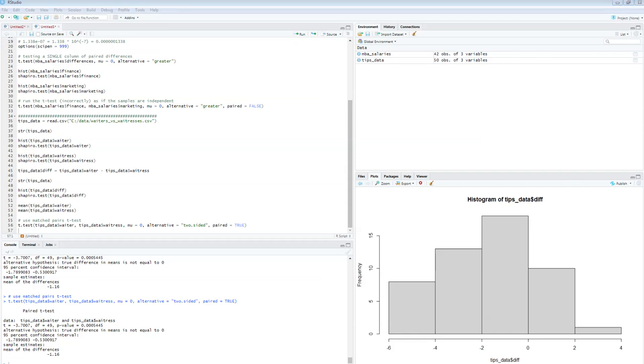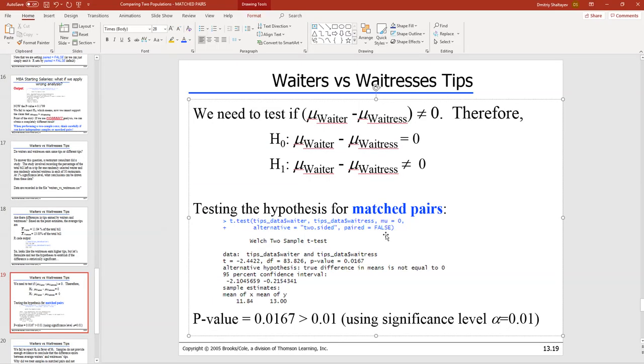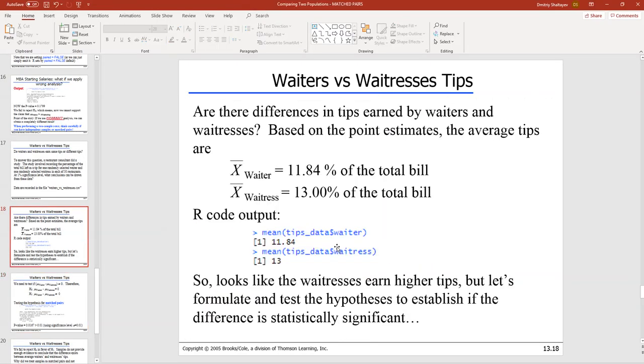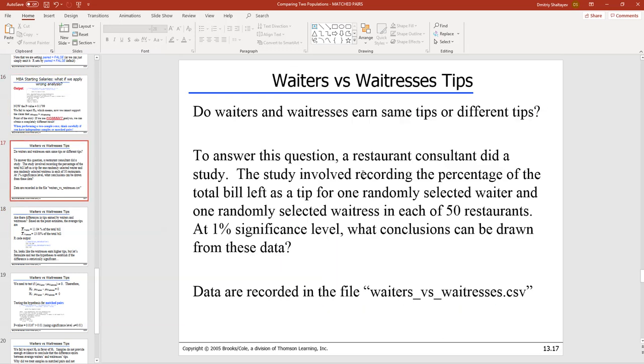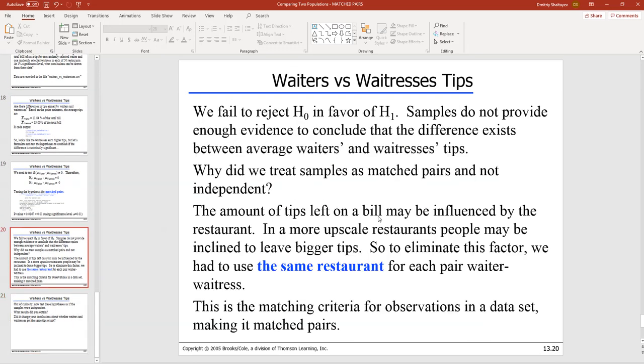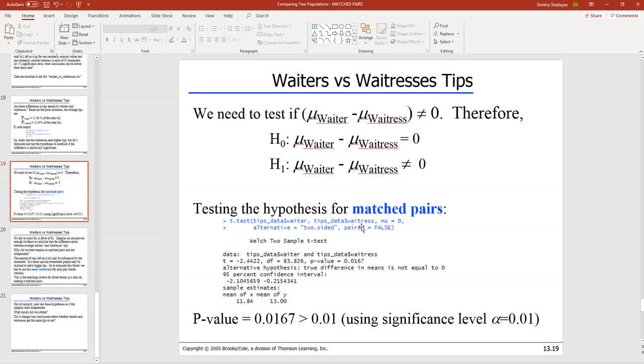Because I was getting different results. No, hold on. Oh, here I posted the wrong one, paired equals false, while it is actually paired. Okay, so I need to change my slides.